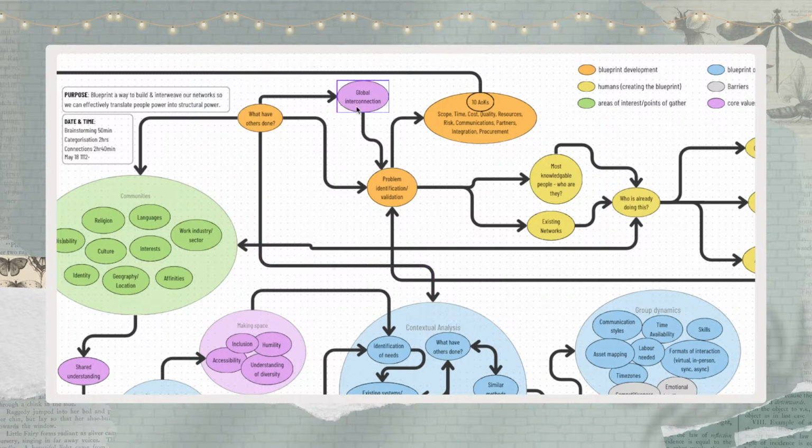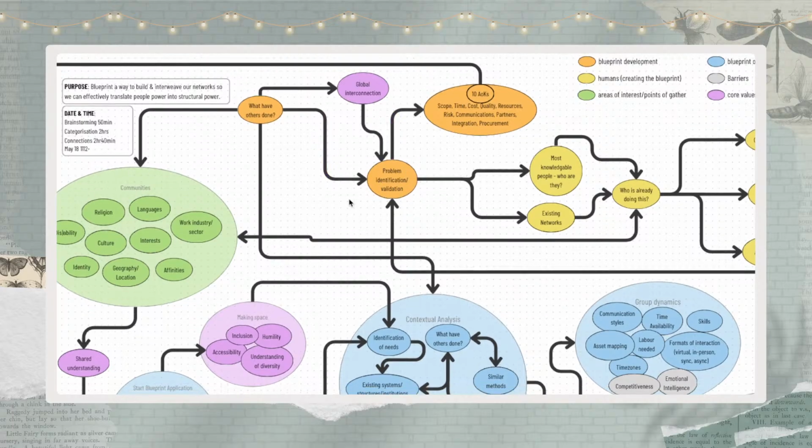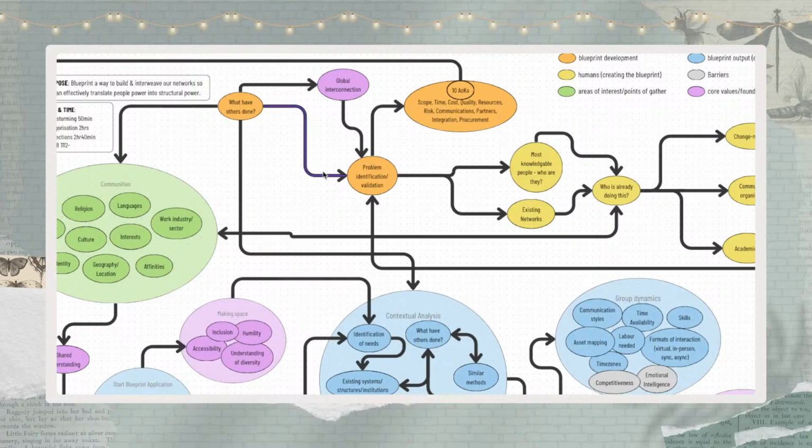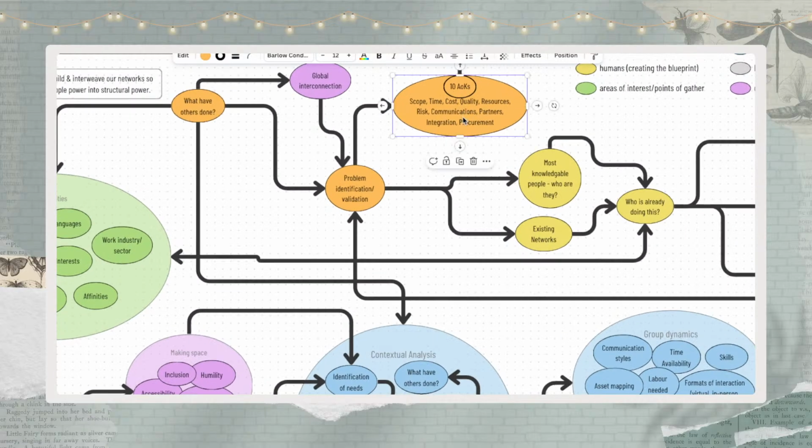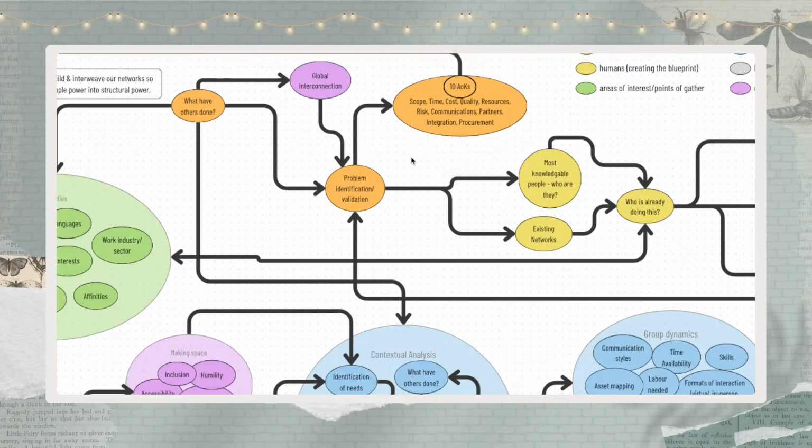Okay, and then global interconnection will also help us identify the problem, because different contexts will help surface that. And then we go into essentially what's going to be the planning of our project. And we use the 10 AOKs, which are the areas of knowledge as defined by the Project Management Institute, which is an international body that defines project management standards.